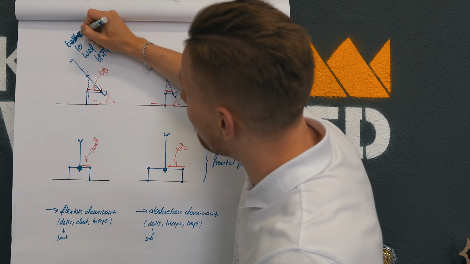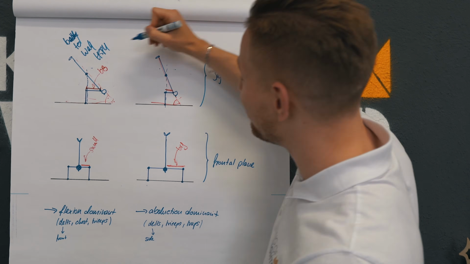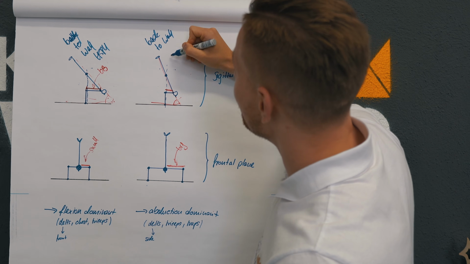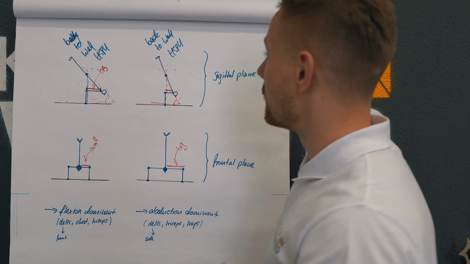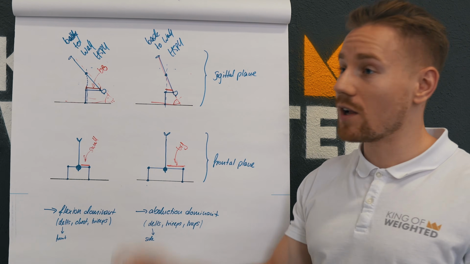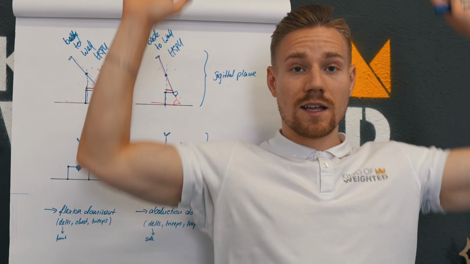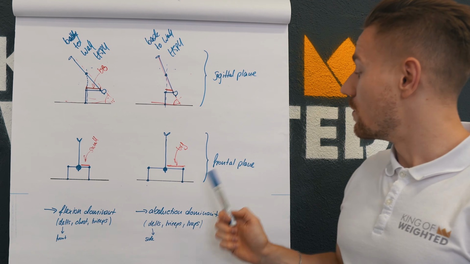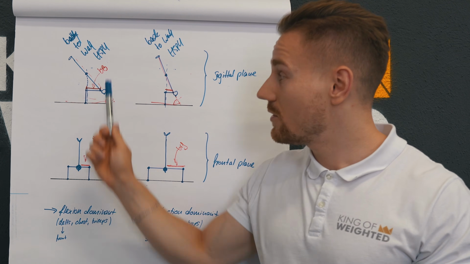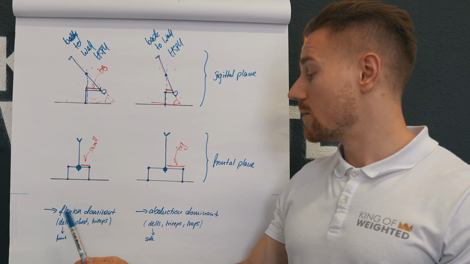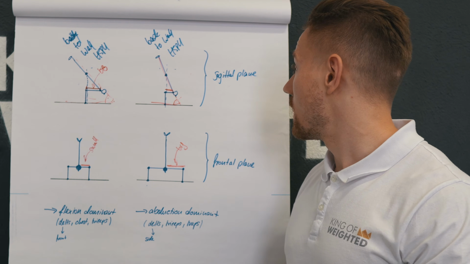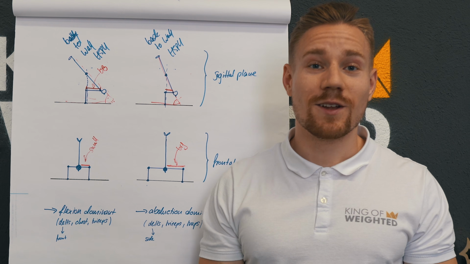This is a belly to wall handstand push up, and this is a back to wall handstand push up. So whenever you ask yourself what the difference is, if you would do a back to wall handstand push up, there you go in this plane, so more in the frontal plane, and it's more an abduction dominant movement. And if you're going with belly to wall here, you have more flexion dominant movement where you tackle more the front delt and the chest and not the traps so much. And that is the main difference.